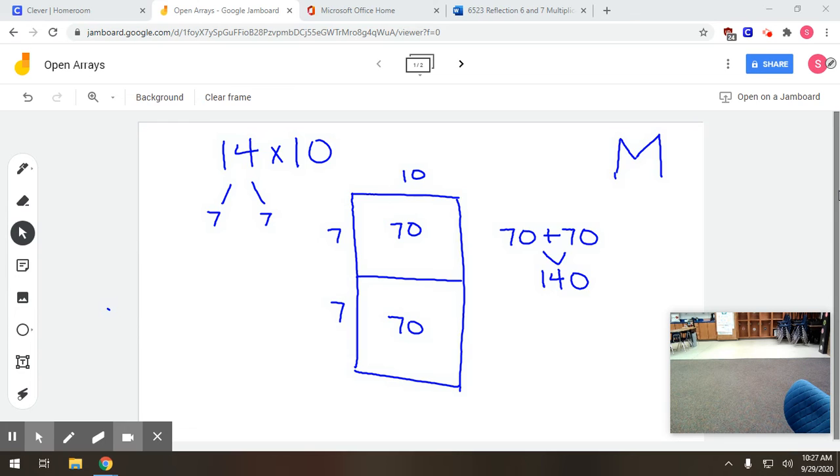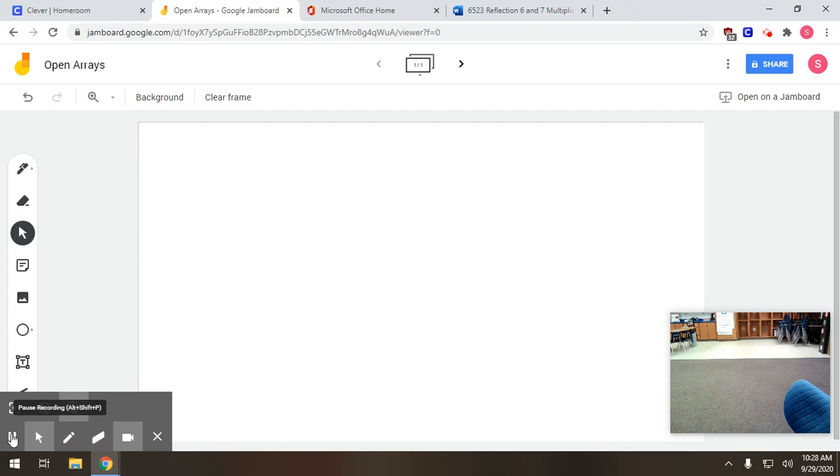Now I'm going to move on to my division problem. All right, so we're moving on to the division problem. So I'll put my D in the corner, and I'm going to write my division problem on the board, which is 450 divided by 5.